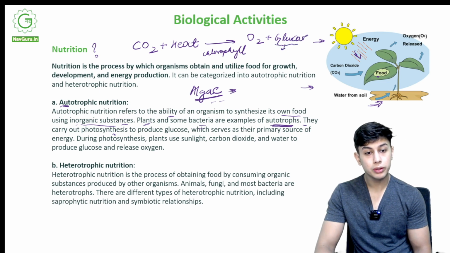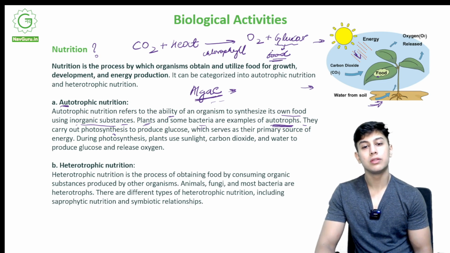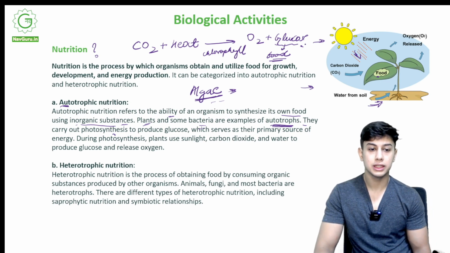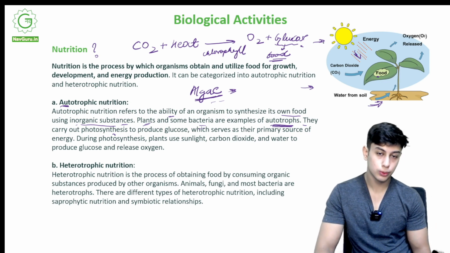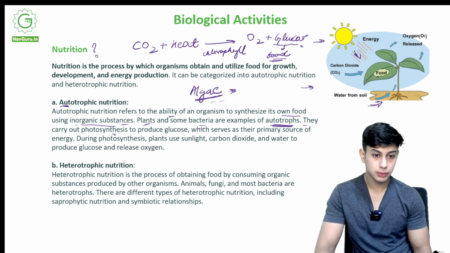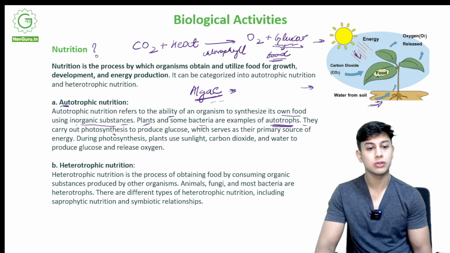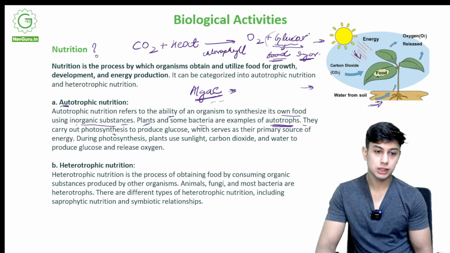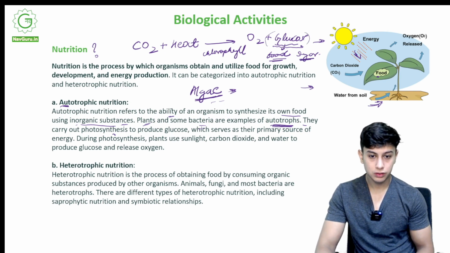Glucose is food. Glucose is what we call food in human terms, but in glucose lies all the nutrition that the plant makes. The fruit is glucose. It's actually fructose, but we call it glucose because it is sugar. So glucose is made in photosynthesis.